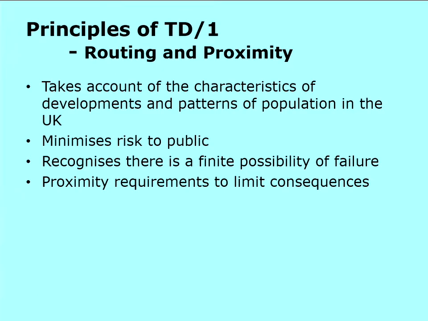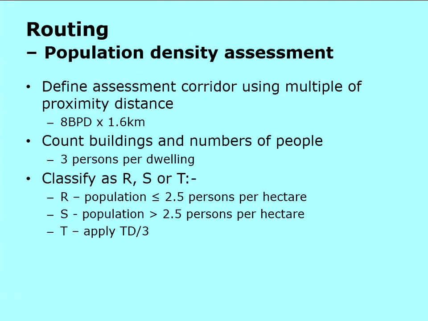You've then got to count buildings and numbers of people, and this is where if you can easily count buildings, you can't necessarily easily count numbers of people, but if you interrogate what the building's there for, you can make a reasonable judgment as to how many people are going to be associated with it. So if you're doing quantified risk assessment in the UK, you assume that for every house you've got 3 persons in that dwelling, and that comes from the national census, which is carried out every 10 years.